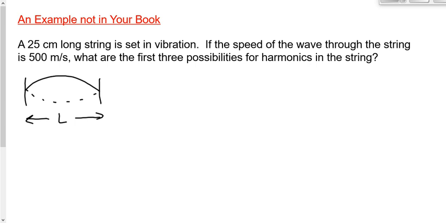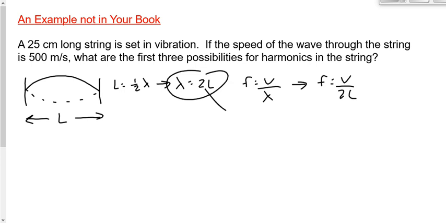We know that L is equal to 1/2 of the wavelength, and lambda is therefore equal to 2L. The frequency is V over lambda, but we're going to replace lambda with 2L. So my equation becomes, for the first harmonic, F is equal to V over 2L.